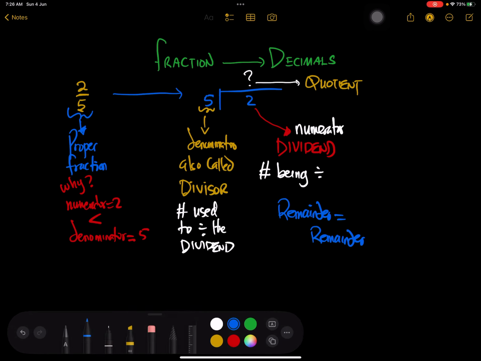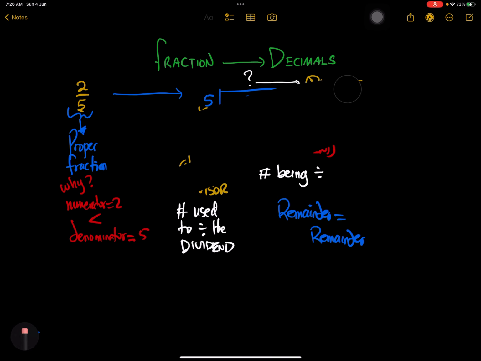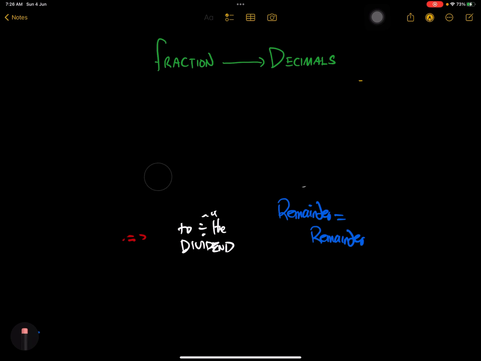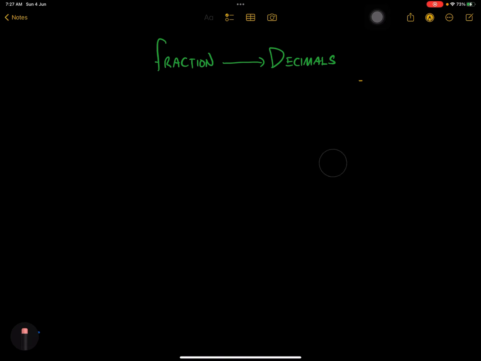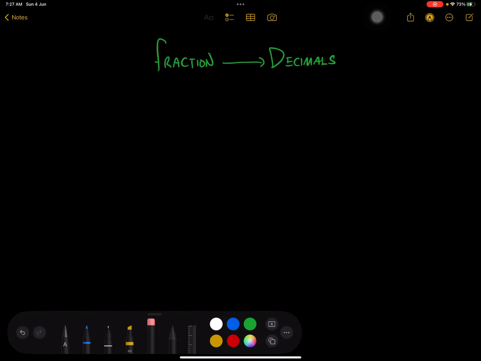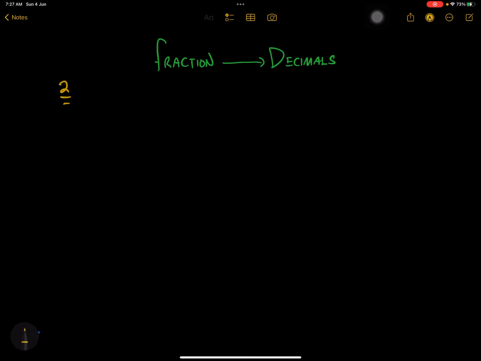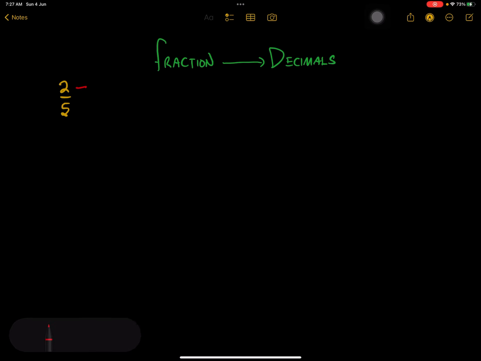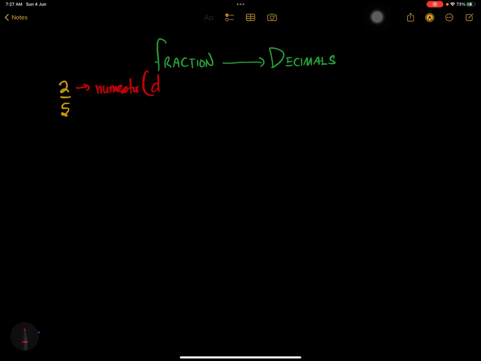So let's quickly take a look at the process involved in converting a fraction into a decimal. Remember, we have 2 divided by 5, where the 2 is the numerator, or the dividend.